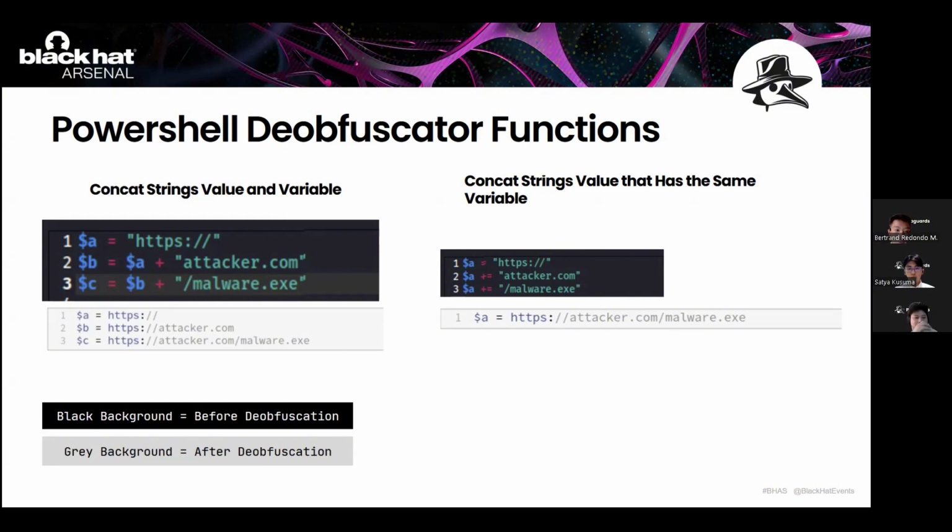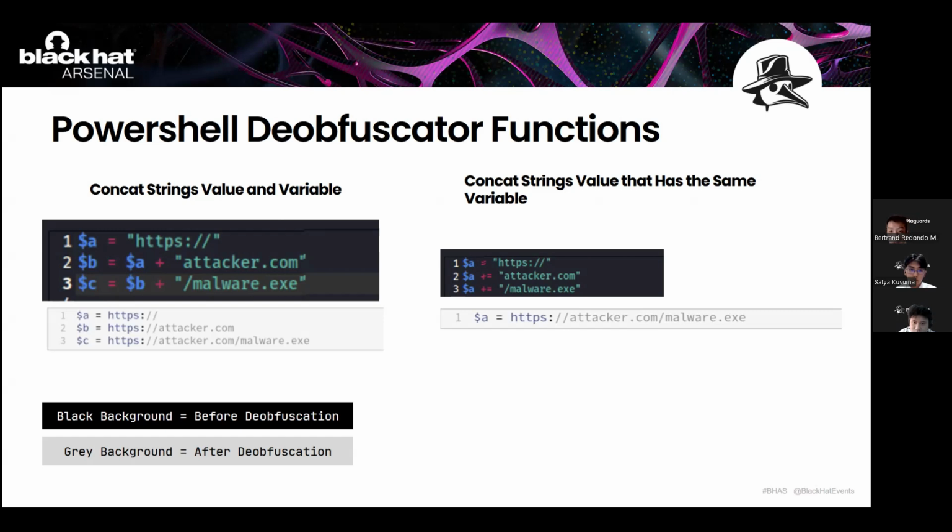The application will do the concatenation after the value has been moved. The result can be seen in the picture below. As we can see, A has its own value, HTTPS only, the B value has attacker.com, and the C value has the malware.exe value. So we successfully concatenate these values into one very readable value inside the variable.